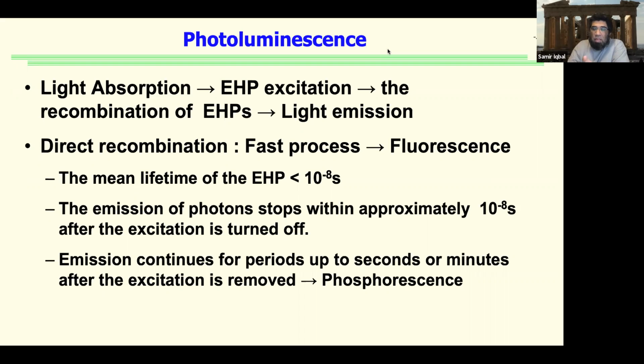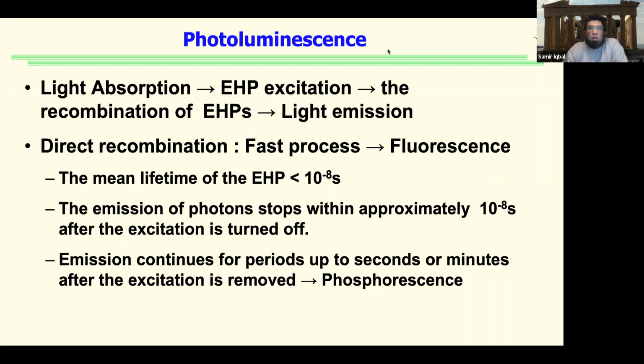The only difference is the mean lifetime of the EHP is a few seconds or even minutes or even hours, right? So today I've told you the process of why those things glow in the dark.